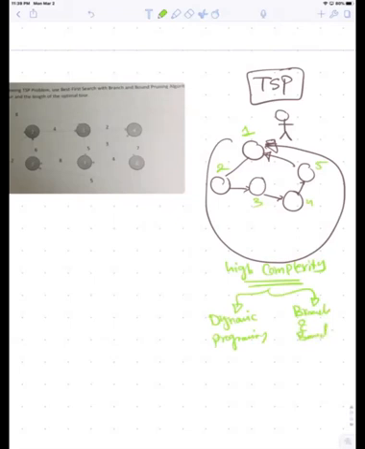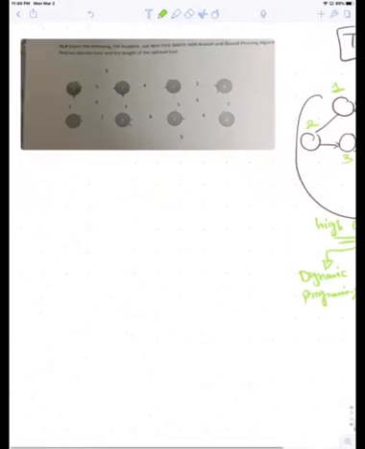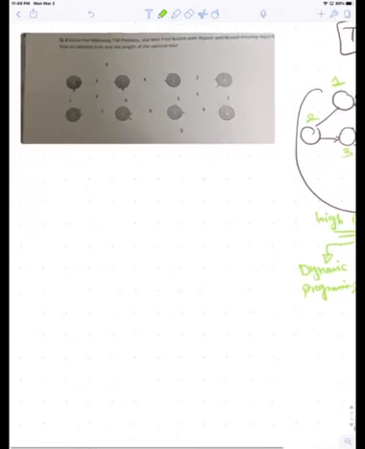And for branch and bound, we have an improvement for traversing the tree, which is the best first approach. Okay, so now we can start solving such a problem.